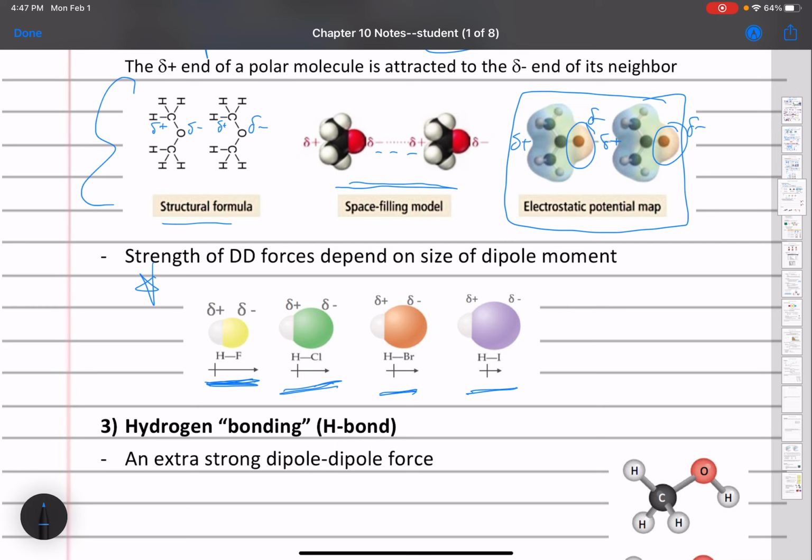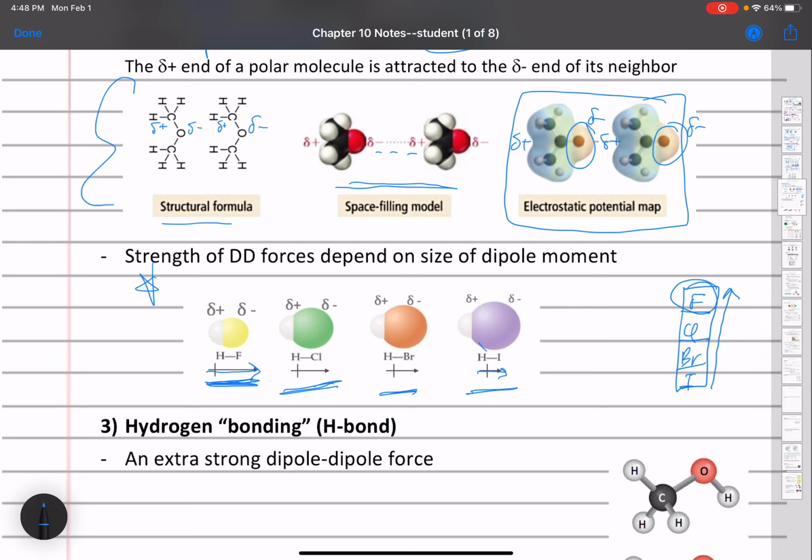And if I just draw a little clipping here of the periodic table, fluorine, chlorine, bromine, iodine, we know electronegativity goes down as you go down the periodic table and up as you go up the periodic table, with fluorine being the biggest electron hog. So the HF bond is going to be more polar than the HI bond.